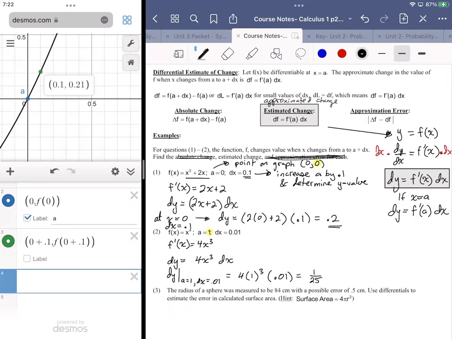Now if I were to evaluate f of 1.01, I'm probably not going to get 1/25. What I mean by that is, again, f of a is the same as f of 1, which would be 1 to the 4th power. But this is telling us to increase a by 0.01 and determine the y value.